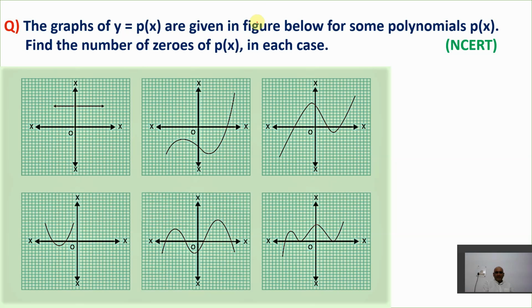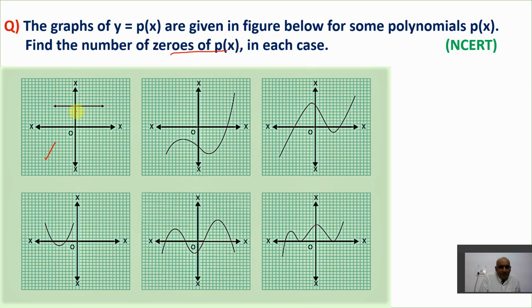You need to find the number of zeros of the graph y is equal to p(x). Number of zeros means we need to check how many points are touching the x-axis. In this example there are six graphs, which means 6 questions here. Now let's check the first graph.